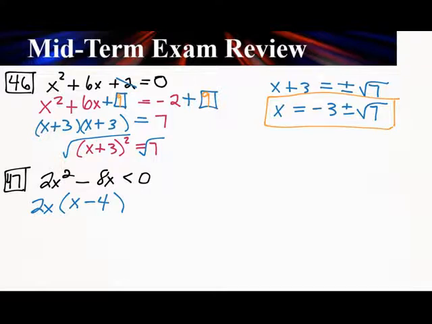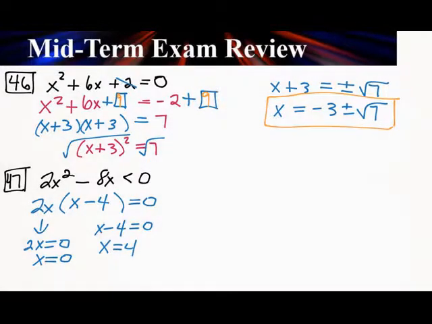I'm pretending right now that it's equal to 0. I'll deal with the less than in just a second. But if I take this and go 2x equals 0, then I'm going to go x equals 0. If I take this and go x minus 4 equals 0, then x equals 4.